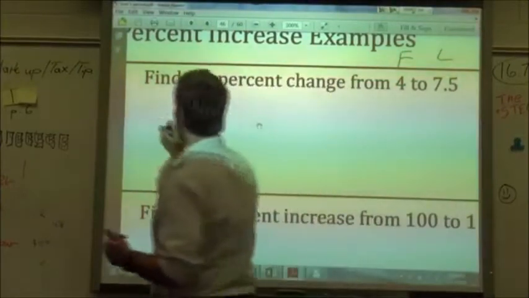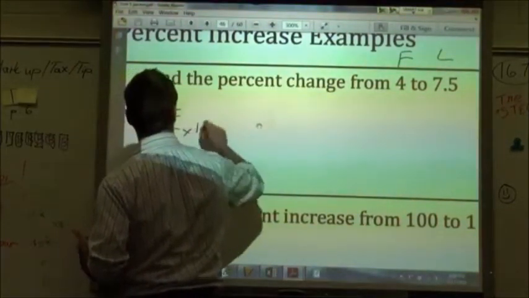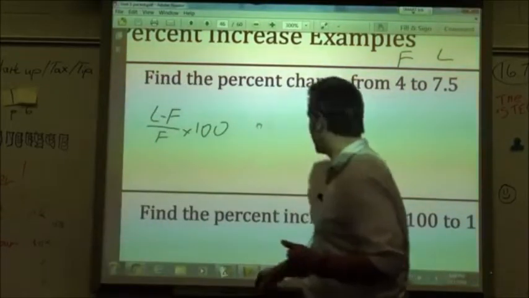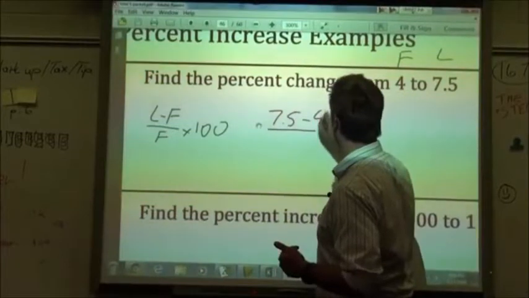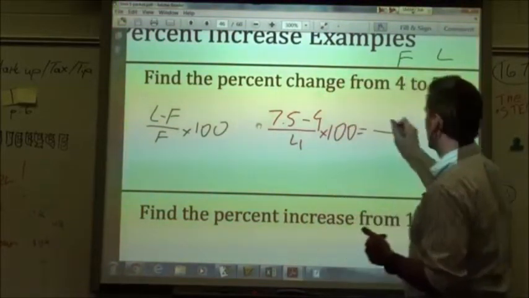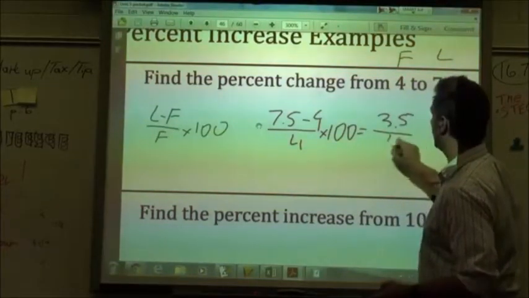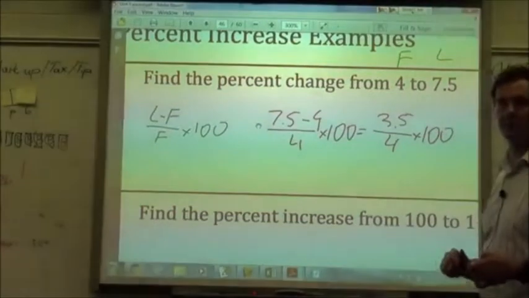So using the formula, last minus first over first times 100, we are writing 7.5 minus 4 over 4 times 100, which equals 3.5 over 4 times 100.